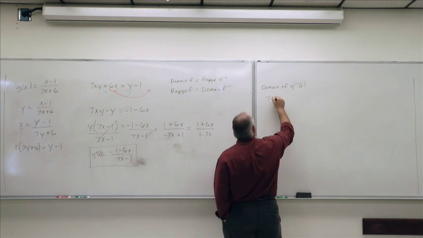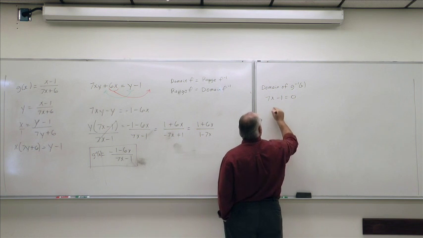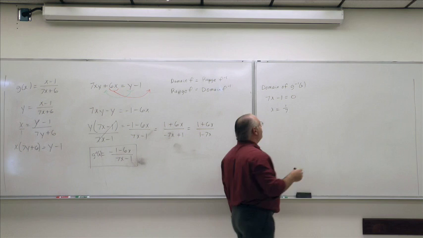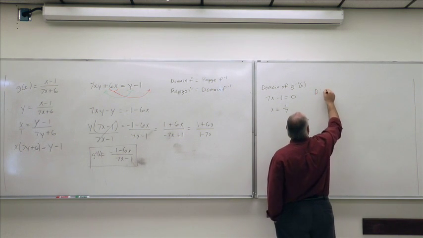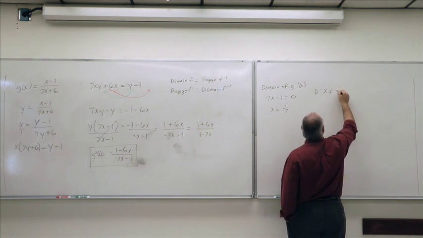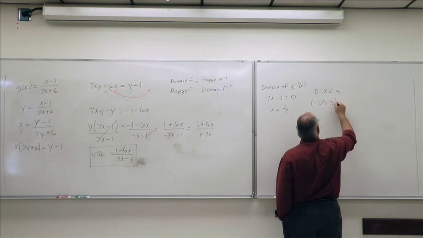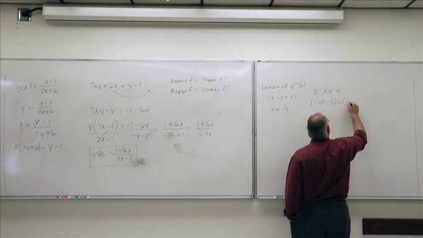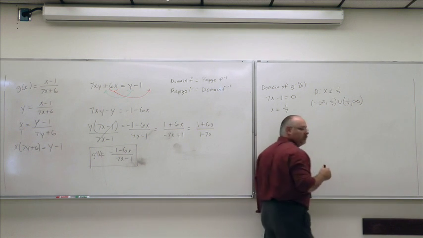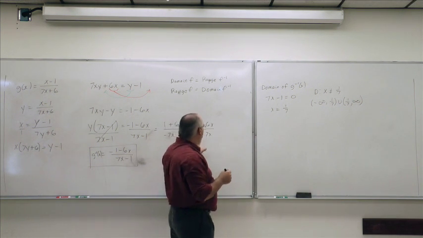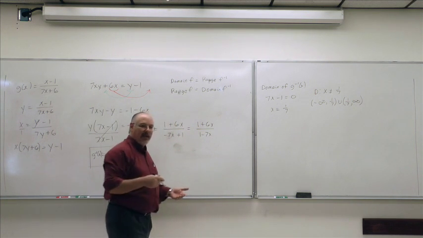So we set the denominator equal to 0 and solve, and we get x is 1/7. So the domain is x is not equal to 1/7, or if you want the interval notation, okay? But the range is a lot more complicated.